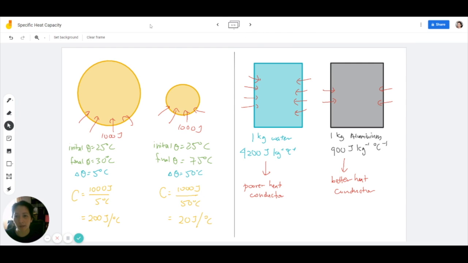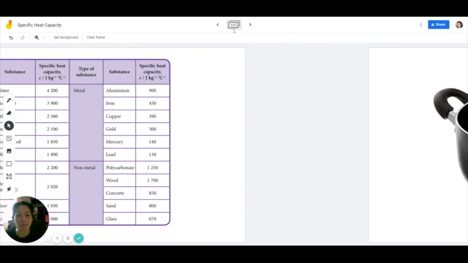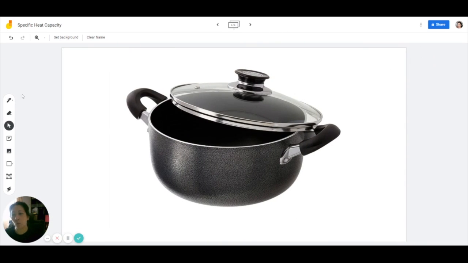So for example, if we were to look at a cooking pot, this explains why the body of the pot is made out of material with low specific heat capacity, because we need the pot to heat up quickly in order to transfer the heat to food so that it heats up quickly. But we want to be able to hold the pot so that we don't burn our hands, right? This is why the handles are made out of materials with high specific heat capacity.